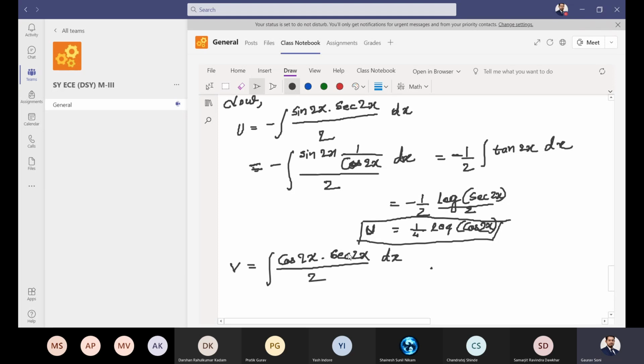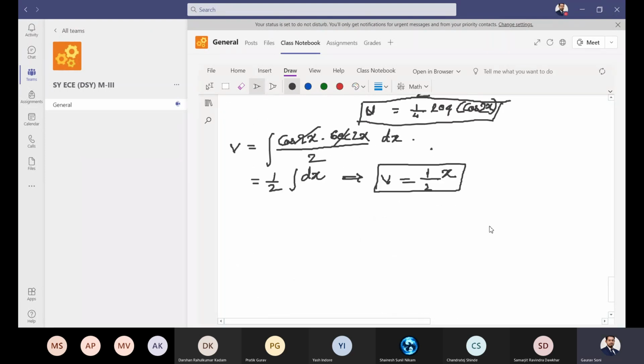Just now we have seen that sec 2x is 1 upon cos 2x, so this will get cancelled out and the answer is 1. So 1 by 2 will come outside, integration of dx. So v is equal to x by 2, since the integration of dx is x. This is v.